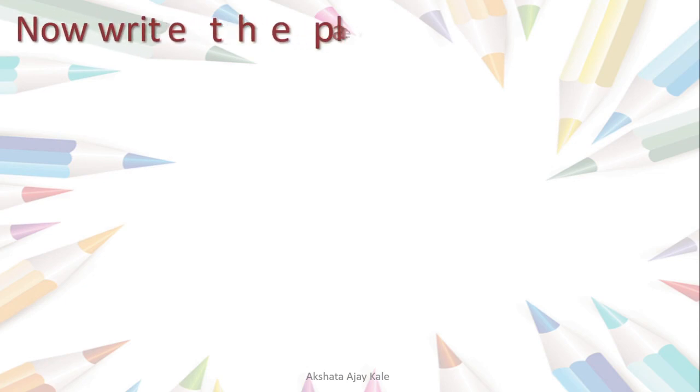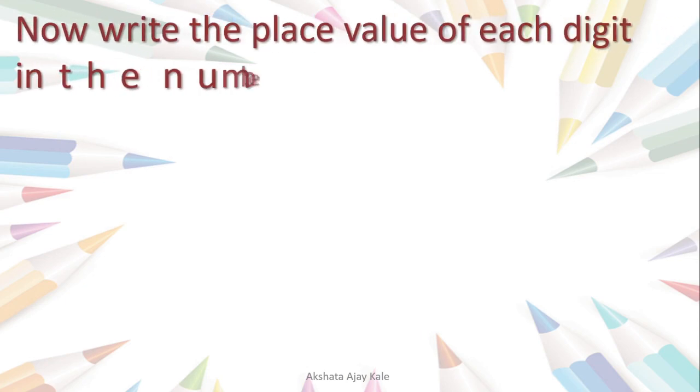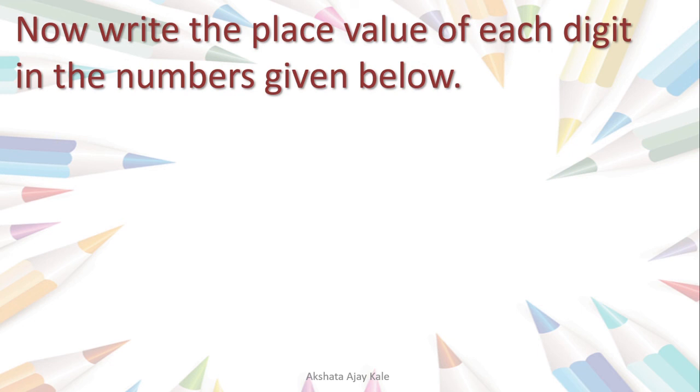Okay. Now write the place value of each digit in the numbers given below. See dear children, here number is given 22. We have to write the place values. The concept is same, but we have to write in different way. See here arrows are there, means 1, 2, that is to the right hand side 2.